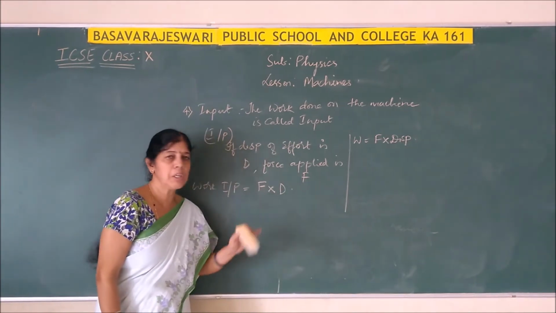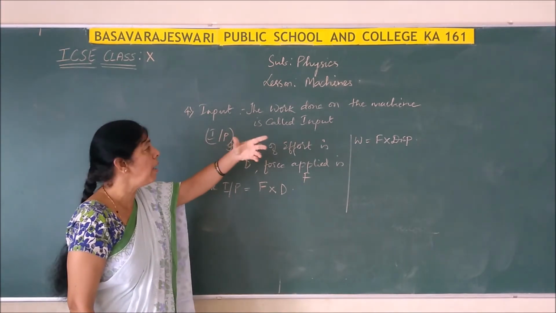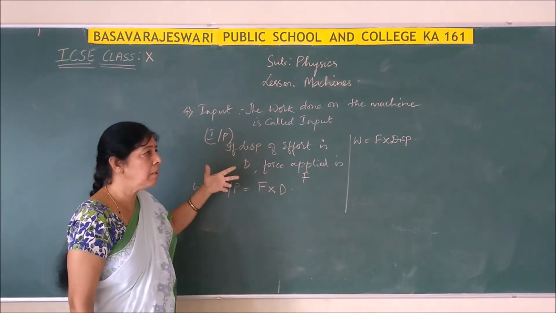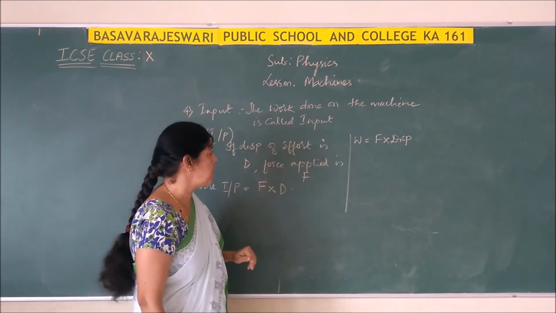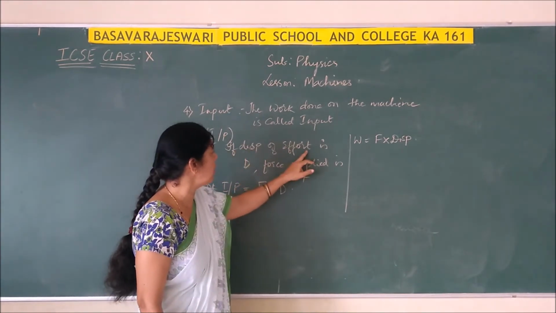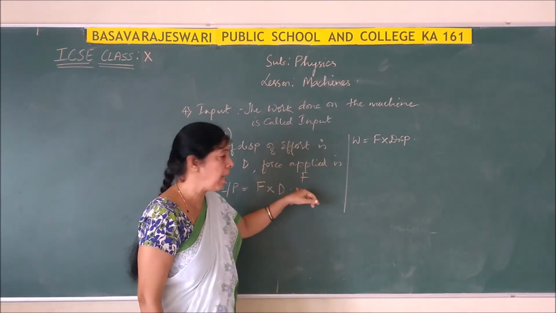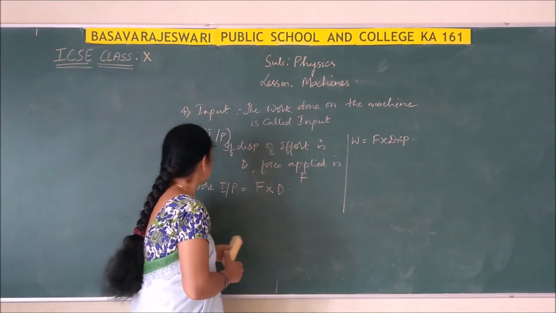This relation you have to remember. So work input is nothing but the work done on the machine. Now work done is nothing but force multiplied by displacement. So if the displacement of effort is capital D and force applied is capital F, then work input will be equal to F into D.